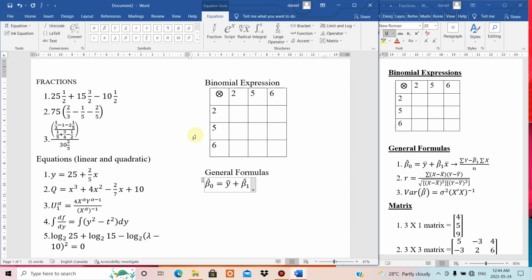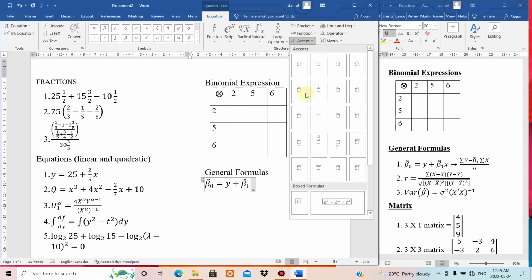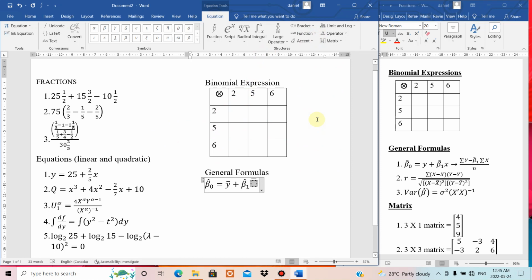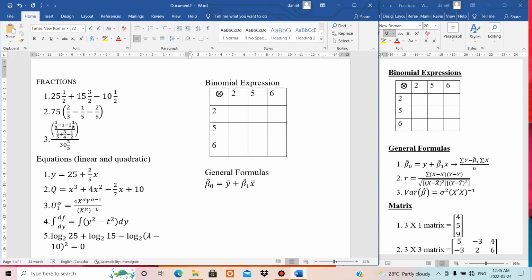So that's estimated beta hat 1. Now x bar, x. That's beautiful. So it approaches or is the same as what the arrow is showing.